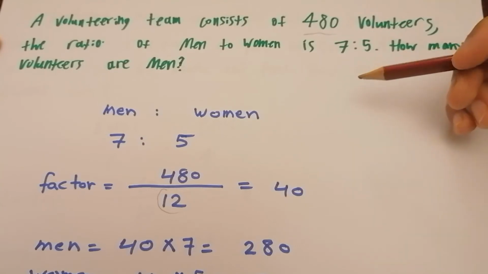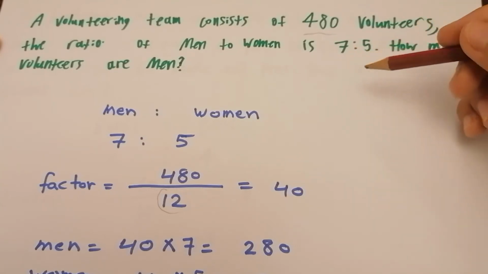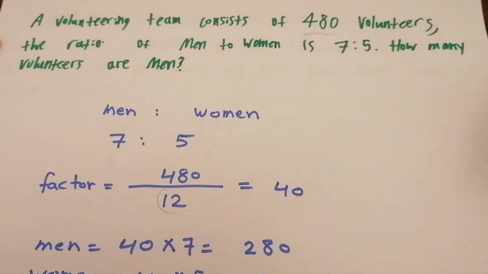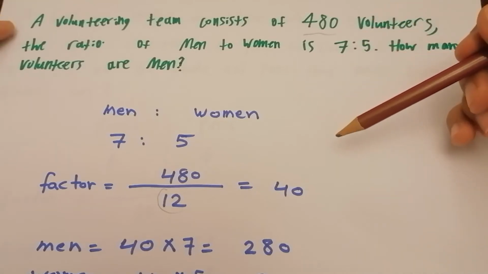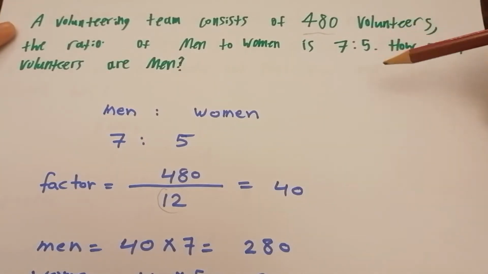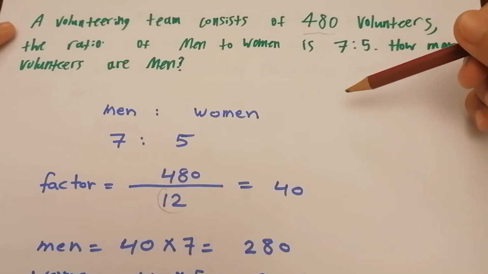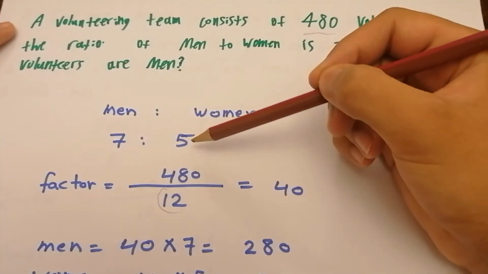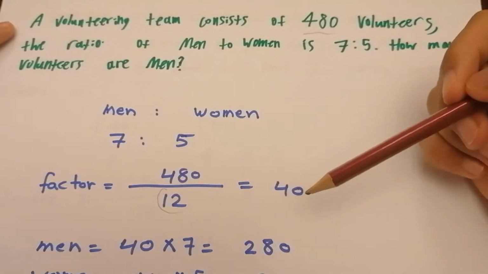A good way to visualize this is if we have 40 tables, and each table consists of 7 men and 5 women. This is why we wrote down the number 12.